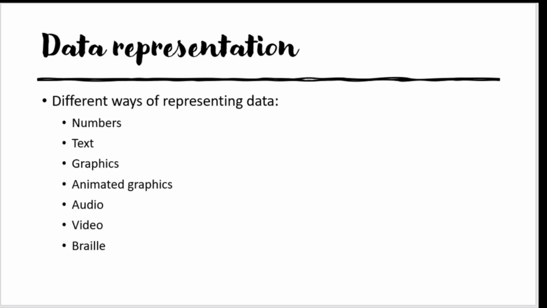Another one could be graphics. So graphics is a wonderful way of representing numbers. So if you think about it, you can have graphics as an image, which obviously will represent words. A picture is way better than 1,000 words. If I don't understand the language, I can still see the picture and understand the meaning of it.